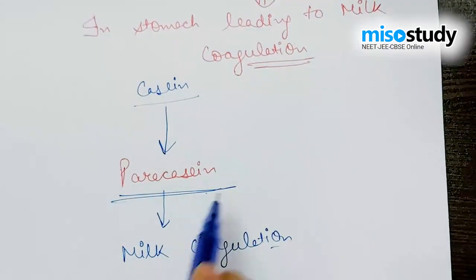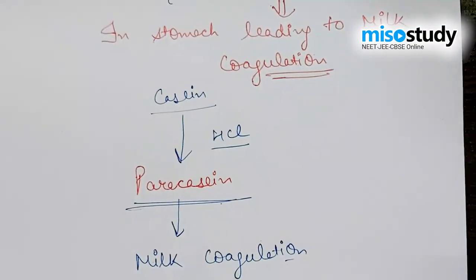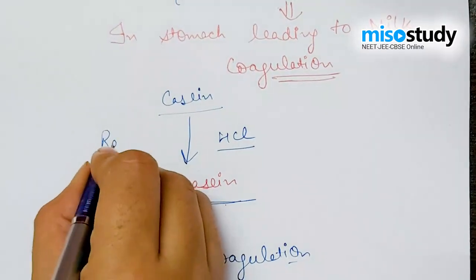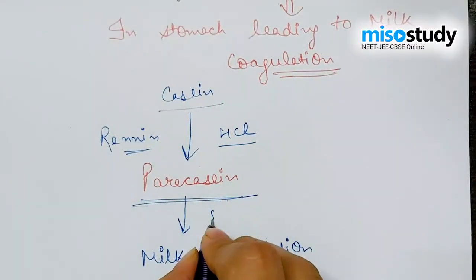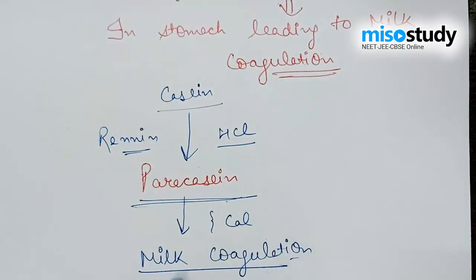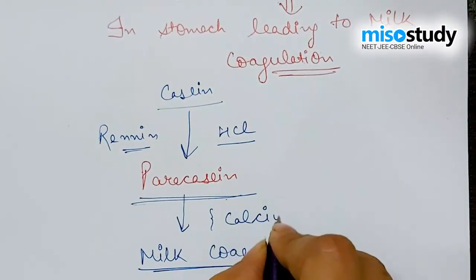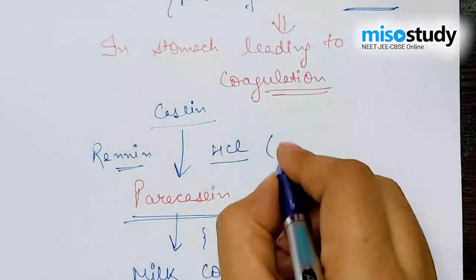Casein is converted into paracasein in the presence of HCl, hydrochloric acid, and it requires the enzyme renin. Paracasein then follows milk coagulation, which is due to the presence of calcium.